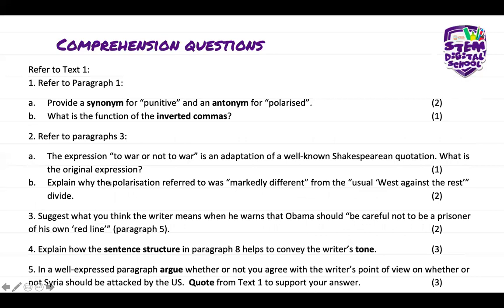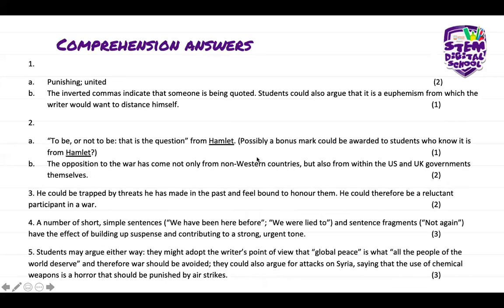B says, explain why the polarization referred to was markedly different. Look how that's put in inverted commas, was markedly different from the usual West against the rest divide. Explain why the polarization referred to was markedly different from the usual West against the rest divide. Let's go.